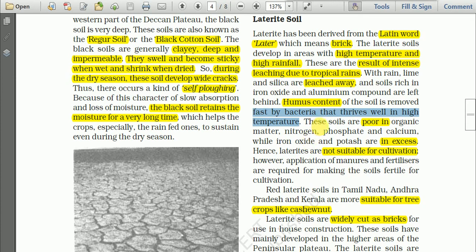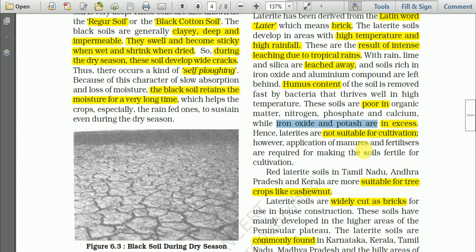And laterite soils are poor in organic matter, nitrogen, phosphate, and calcium, while iron oxide and potash are in excess. As mentioned earlier, due to the leaching process, in the topmost soil we find mainly iron oxide and aluminum compounds, as well as potash. So in this soil, iron oxide and potash are in excess.